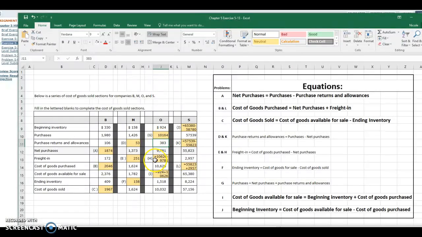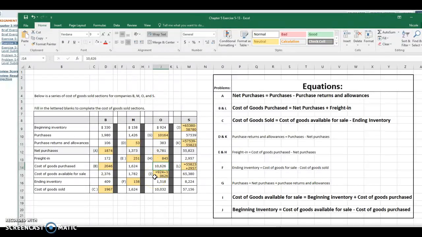Here again at H, we are doing our freight in, so we are doing our cost of goods purchased right here for 10,626 minus the net purchases, which is the 9,781. So we will get that product, and that is 845.